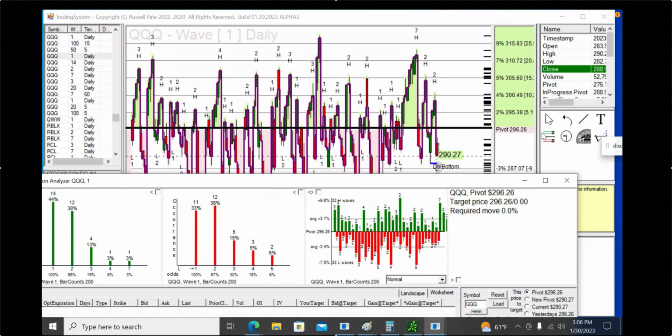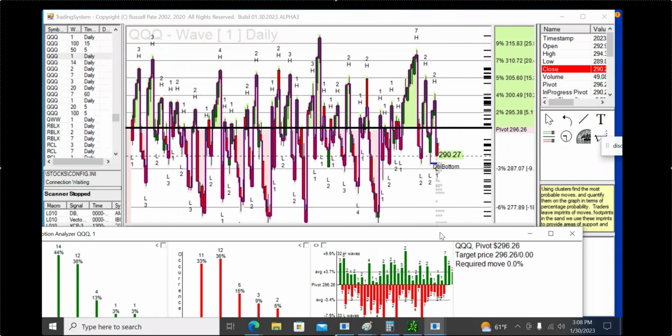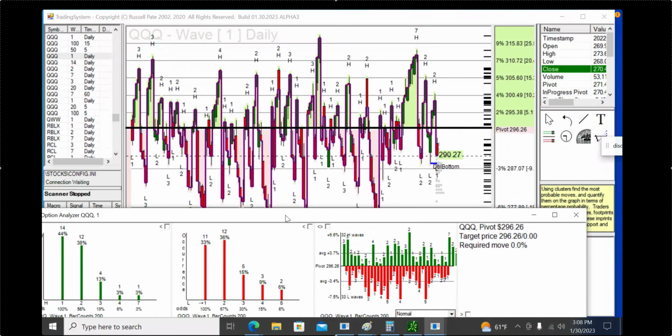Here's our pivot, because this is our frame of reference for the market, so we can get our values correct.